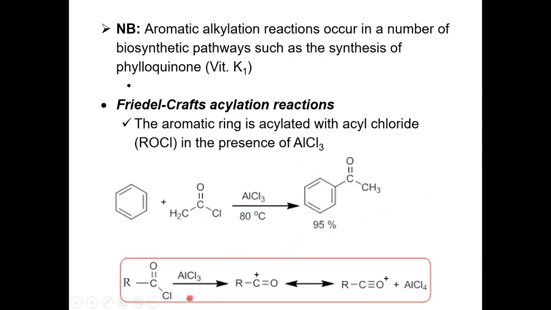Good. Now, they are showing how the Lewis acid will form an electrophile out of the acyl group. If I'm supposed to show the actual mechanism, which I've shown a lot of times, the lone pairs here can be donated to the Al.